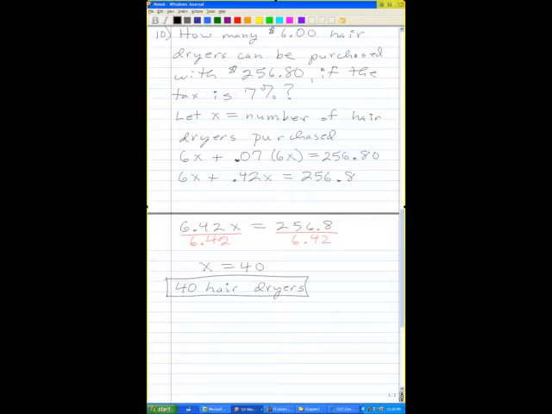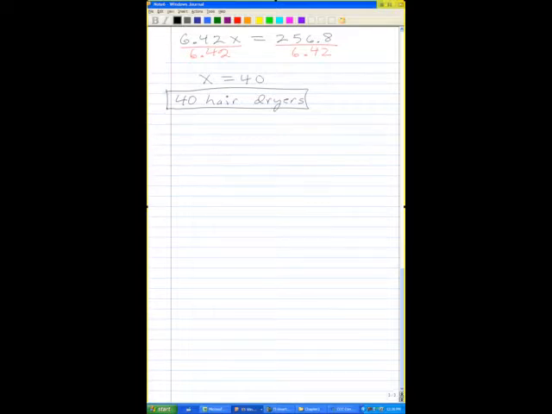Let me do problem number 18. The length of a rectangular garden is 4 feet more than 2 times its width.